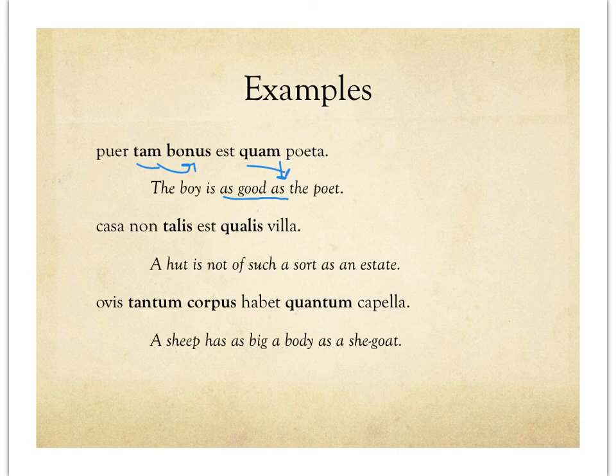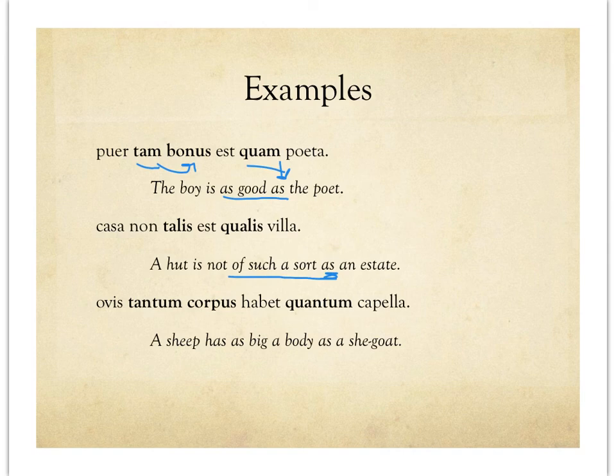The boy is as good as the poet. You can see the same thing in operation in the next. Casa non talis est qualis villa. A hut is not of such a sort as an estate. So casa and villa are the things that I'm comparing. They're in the same case. Talis, qualis, of such a sort as.